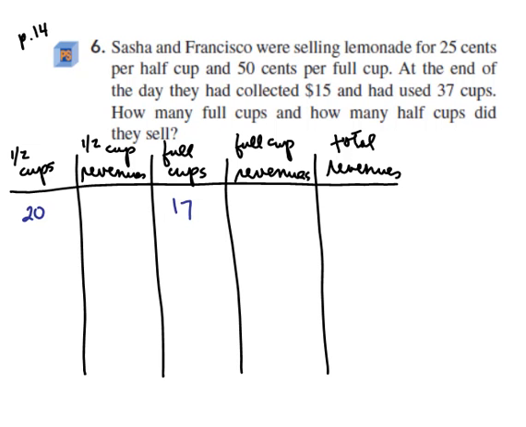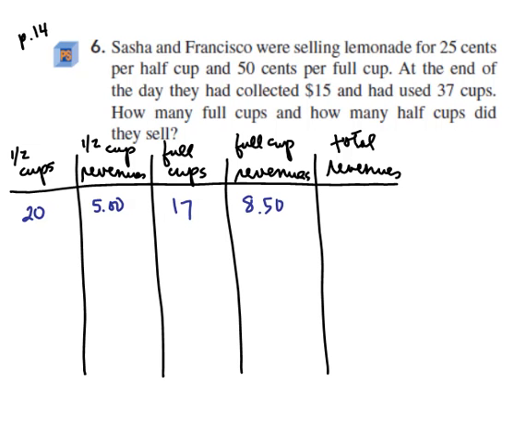Now, for the half cup revenues, I'm going to multiply 20 times 25 cents, or 20 quarters. And that gives me $5. The full cup revenues are 17 full cups times 50 cents each, or 17 half dollars, which would give me $8.50.